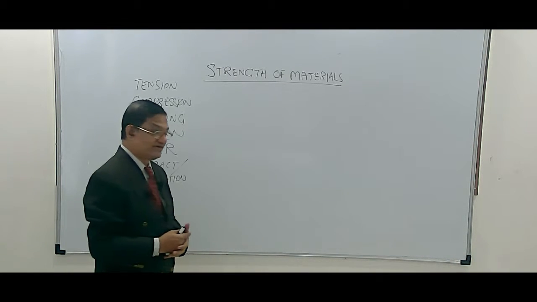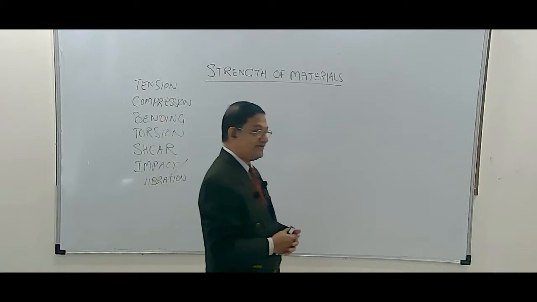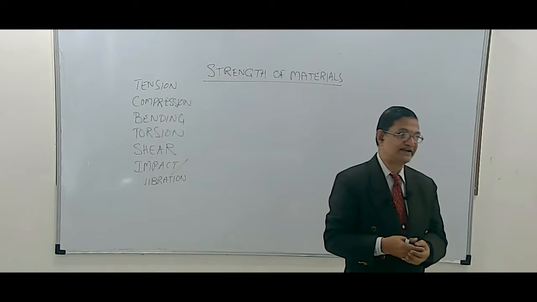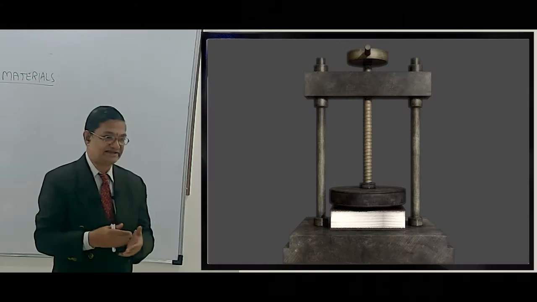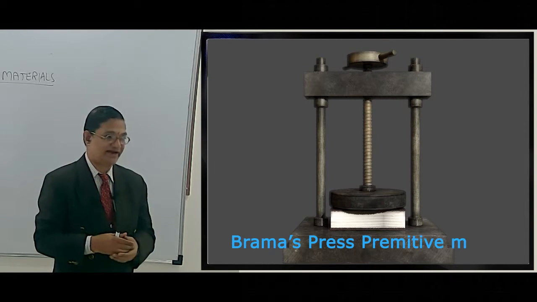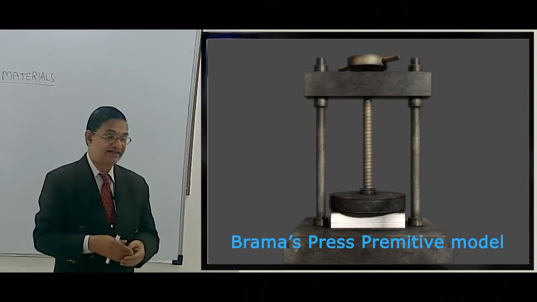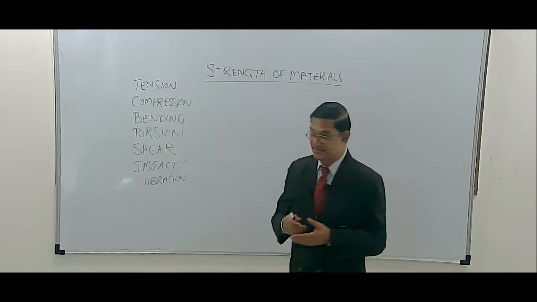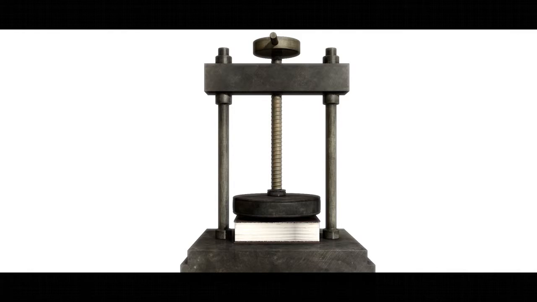I will now give you an example of a press which is used in the printing industry, a simple press called the Brahma's press model, where all these forms of strength are easily understandable in the structure of the press. The press has a horizontal top arm and a central shaft.